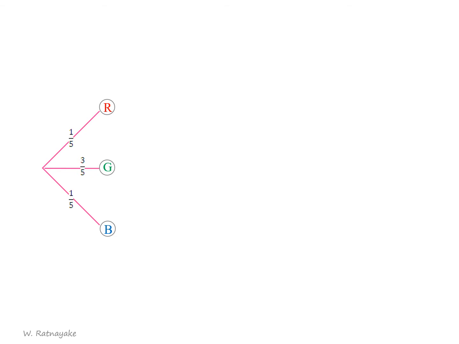Now when you extend this tree diagram to the second stage, we have to think that if the first cube was R or red, what will be the second cube? Now when you have taken a red cube first, the remaining cubes in the box are 3 green cubes and 1 blue.